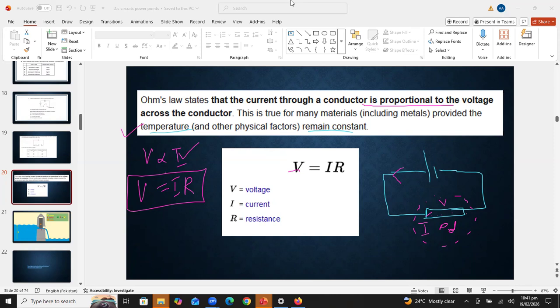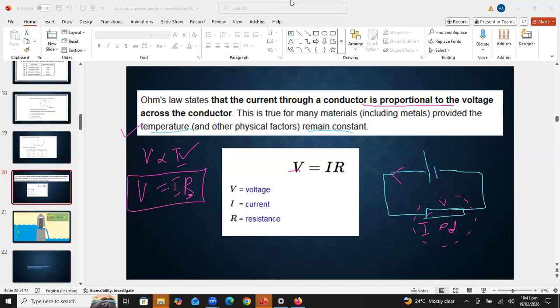So it means to study the Ohm's law, temperature of device should remain constant. So those devices who easily get heat up while working with the circuit, we cannot apply Ohm's law on this. Second factor is resistance. If resistance is changing, so we cannot apply Ohm's law. Is it clear to you, everyone?